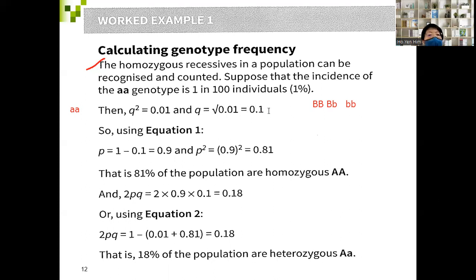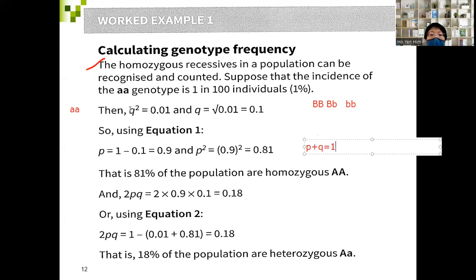Okay, so we have already found q. q is 0.1, the frequency of the recessive allele in this population. Then, can we find p or not? Yes, we can, because p plus q equals 1.